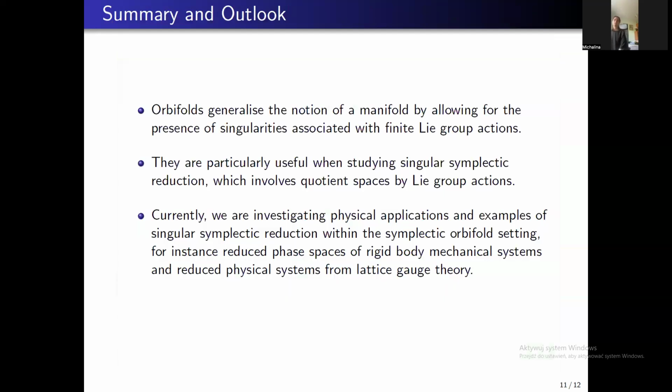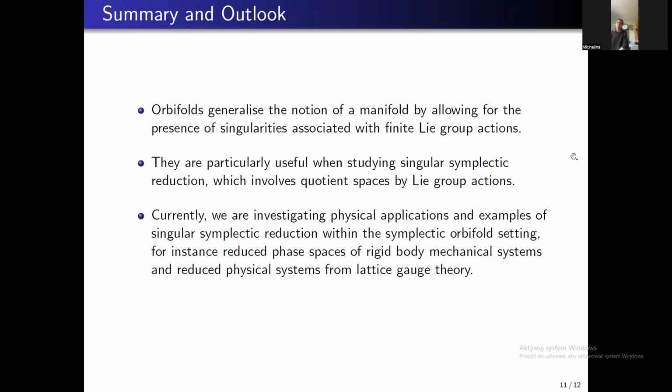So to sum up, orbifolds generalize the notion of a manifold and allow for the presence of some singularities that are associated with finite group actions. And they are particularly useful when we study singular symplectic reduction, where one deals with quotient spaces by Lie group actions.